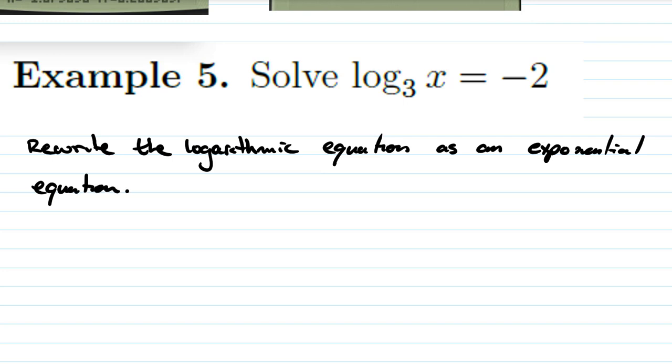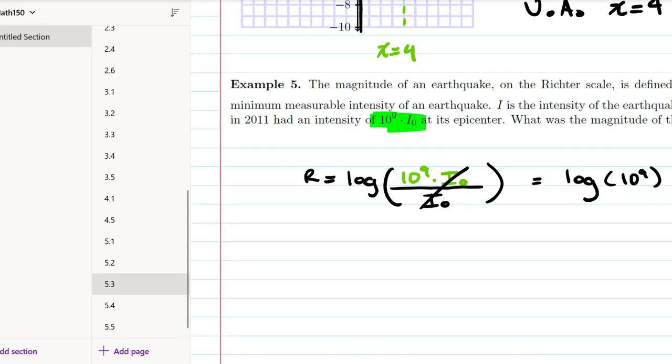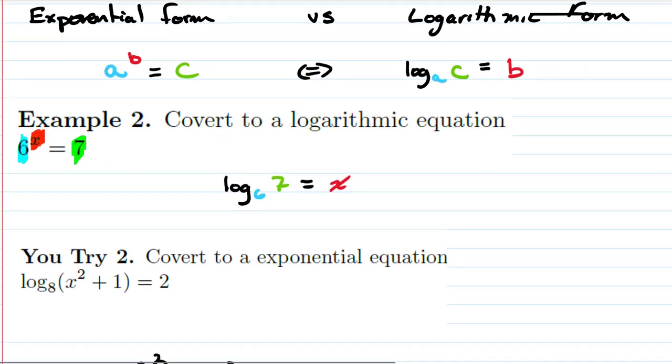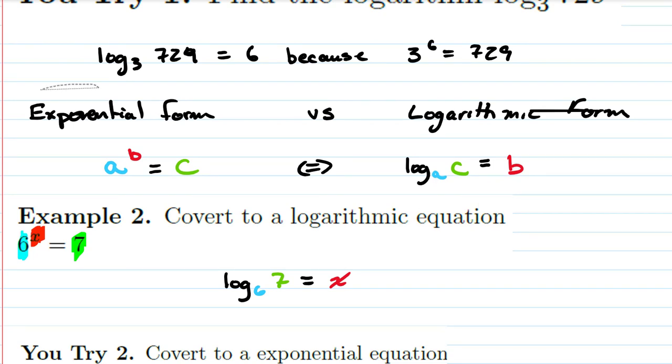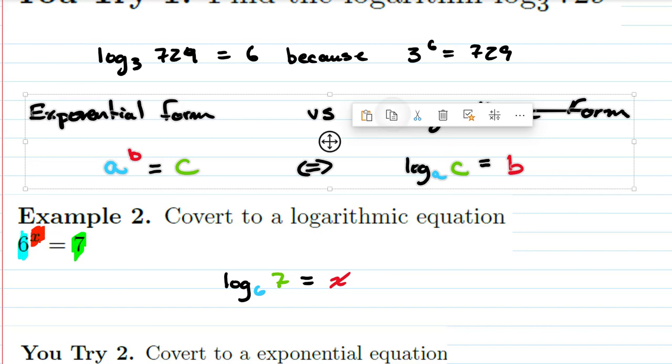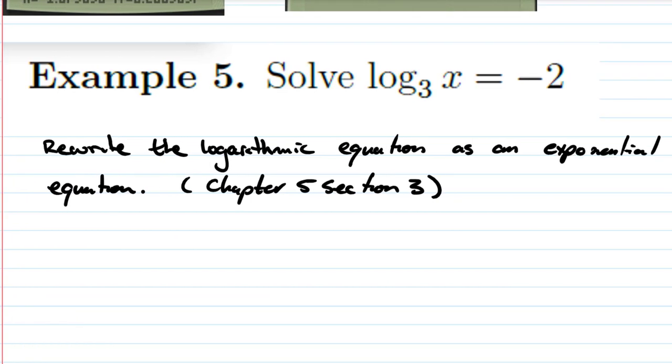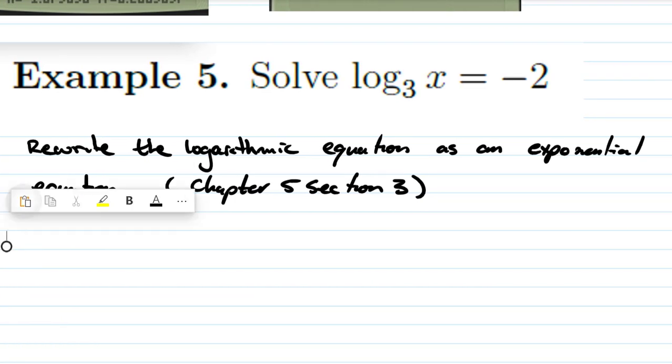So we did this in chapter 5, section 3. So just to remind us, if we hop back to chapter 5, section 3, we had the following, which was we could convert something from exponential form to logarithmic form and vice versa by using this formula right here.